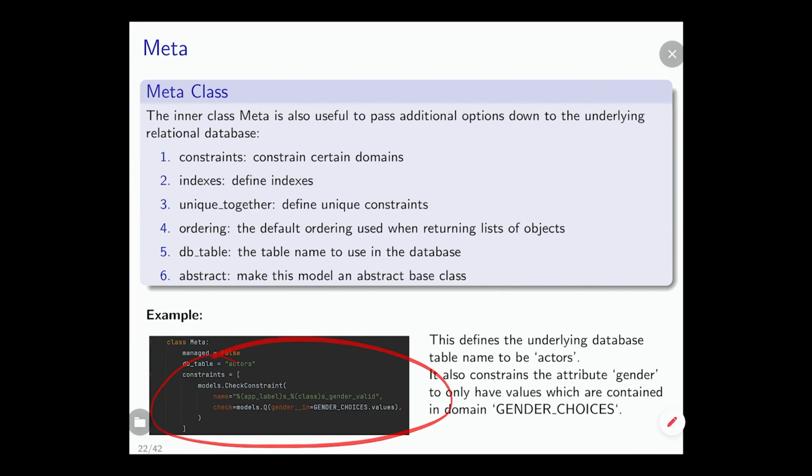That's basically constraining that the values in the attribute gender may only be of a certain domain. I defined that in the project and said, okay, there's a list of possible values. So whatever a user tries to save in an object of this model must be contained in that domain. Otherwise, the database system will say, no, I'm not going to save that because you're violating that constraint.